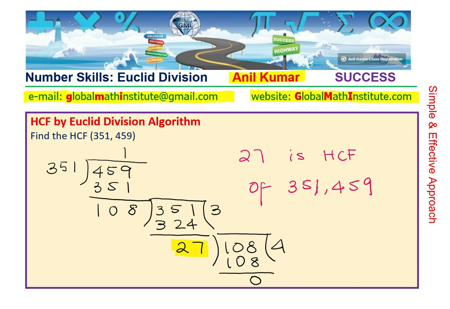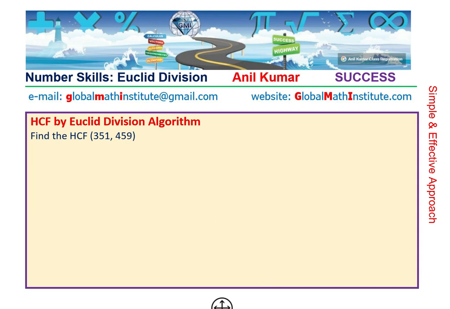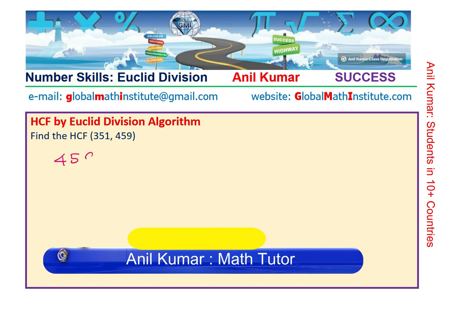Now that is one way of dividing. The other, which is kind of a division statement, can also be shown. So here's the second process. I hope the first one is clear, right? So we can actually write 459 as equal to 351 times 1 plus the remainder.